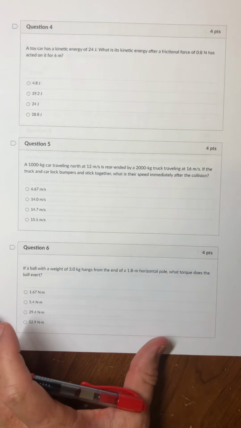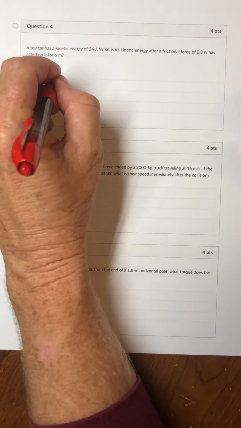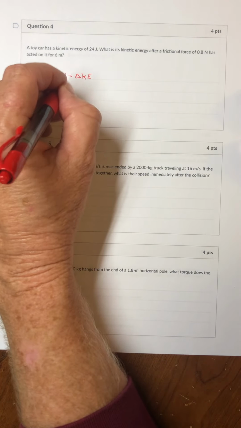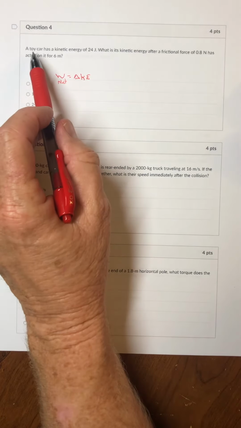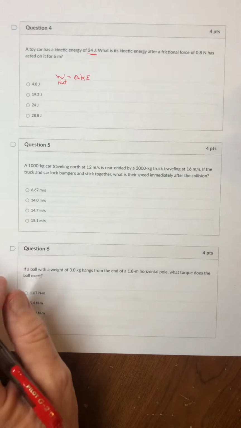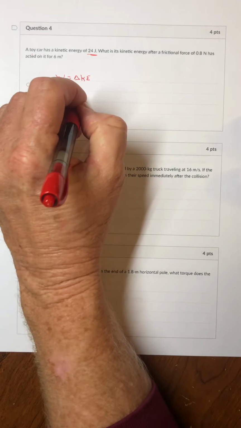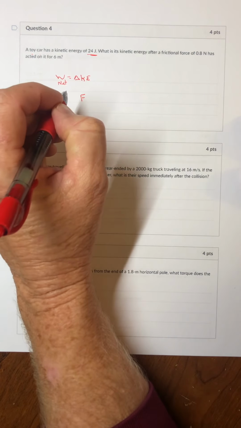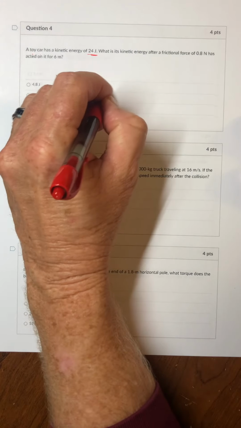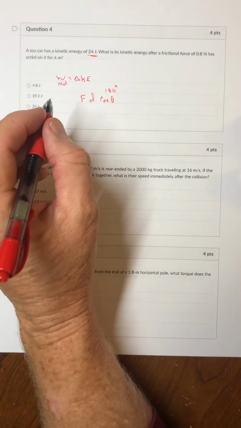Now question 4 is kind of along the same lines, where the work is equal to the change in kinetic energy, and maybe I should say total or net work. But it says a toy car has a kinetic energy of 24. What is the kinetic energy after a frictional force? So we would have a frictional force times a distance, but remember it's the cosine of the angle between, and so the work done is a negative number.